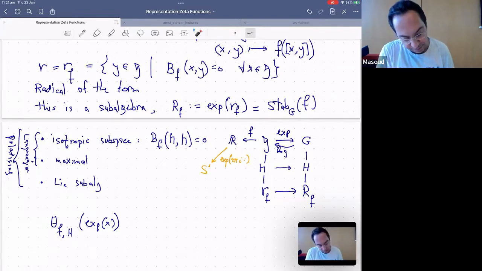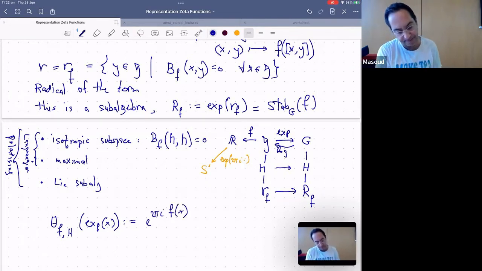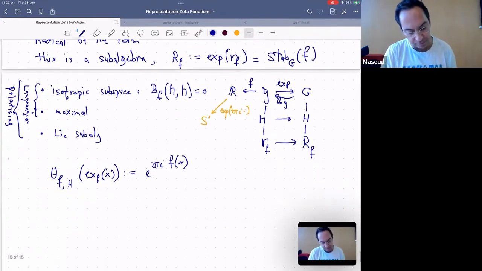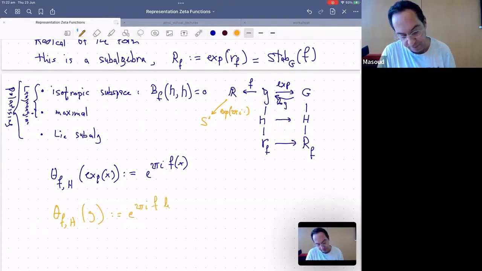And now we define the character to be just e to the 2 pi i f of X. If you prefer the log, then it will look like that: theta_f,H of g will be e to the 2 pi i f of log g.